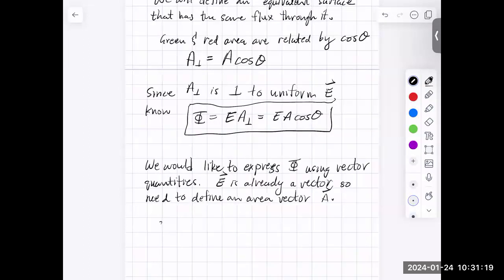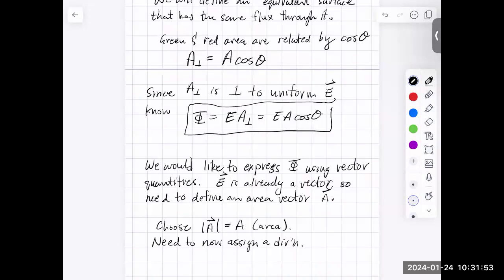We're going to choose the magnitude of our area vector to be equal to A, the area. We need to now assign a direction. For assigning the direction, we're going to define a unit vector. It's going to be called n hat, and it's going to be perpendicular to our surface area.